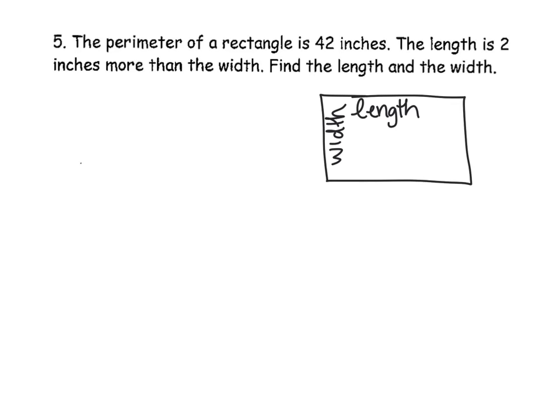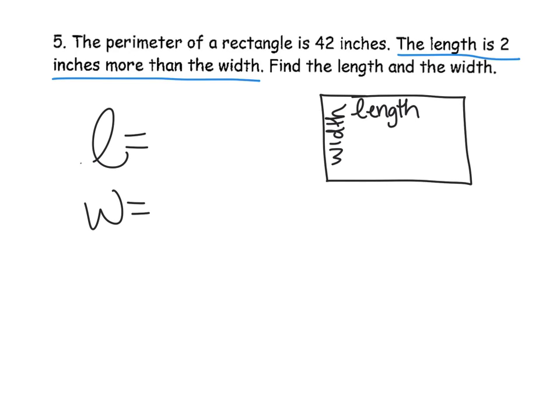I'm going to have to figure out what this sentence says right here. The length is 2 inches more than the width. So I'm going to have to figure out length is what and width is what. How would I write that? 2 more than the width.